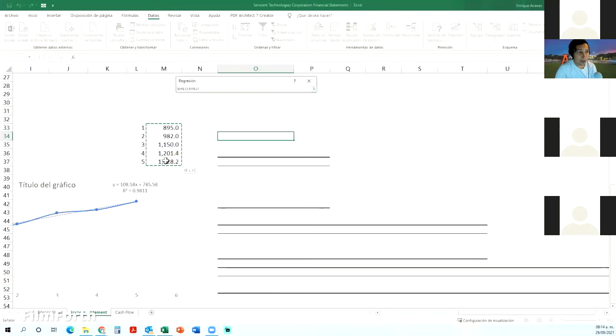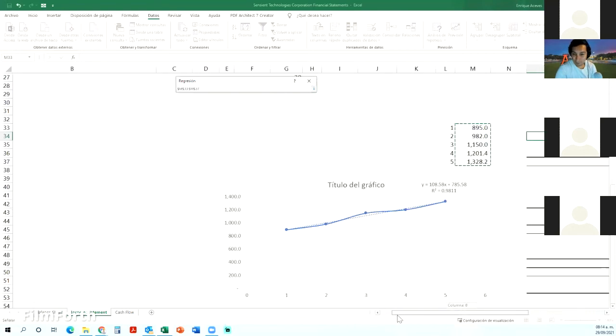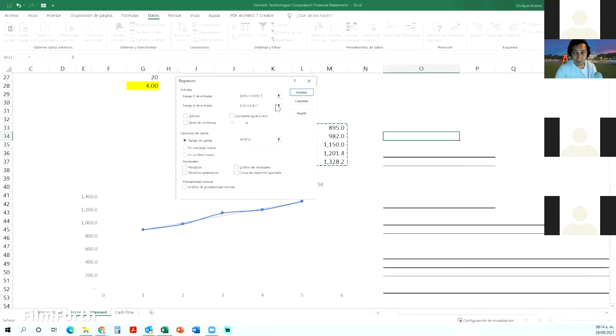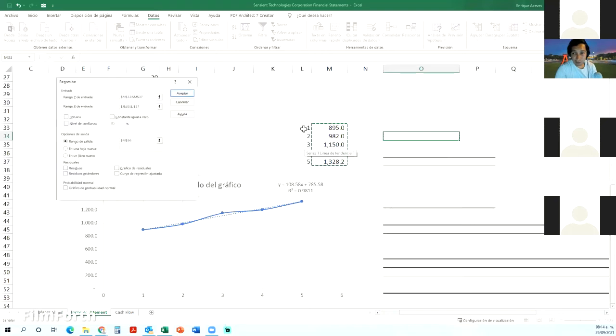So your y-axis, what you want to find, is the level of sales. Okay? And your x is the number of months. I can change that for the name of the months. Don't worry about that. It will correct it as if there were figures.